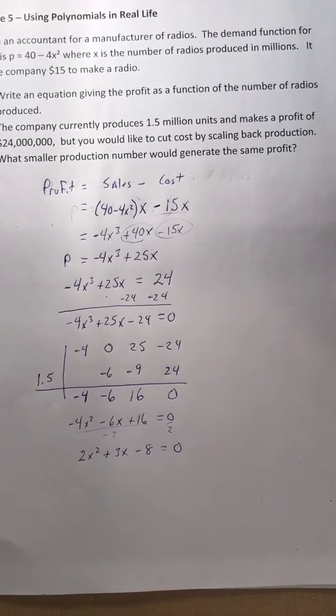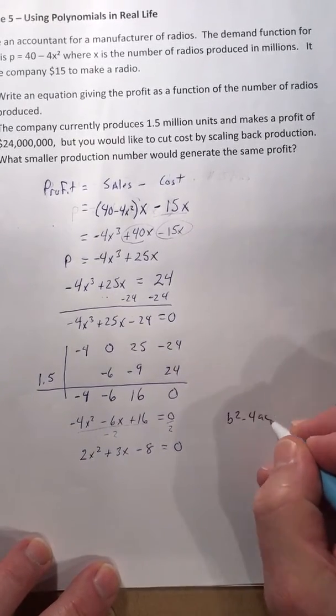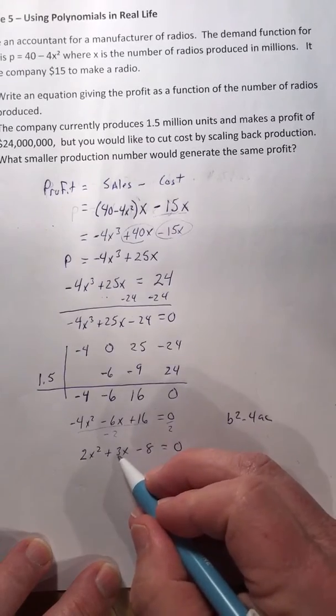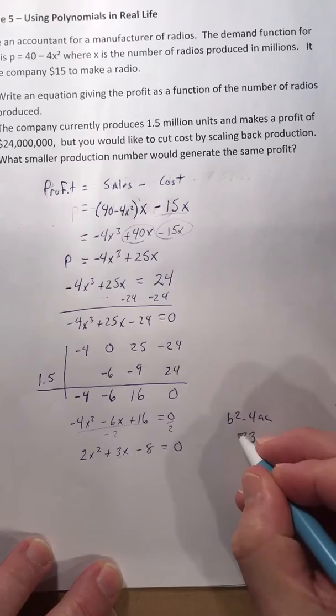So then what we're going to have to do to figure out our answer is use something else. Now, what I did is I used the quadratic formula. First thing I did is I checked to see if, in fact, I had an answer. So I wanted to just check the discriminant real quick. Do my b squared minus 4ac. When I did that with this, a was 2, b was 3, and c was negative 8, that gave me a positive 73.